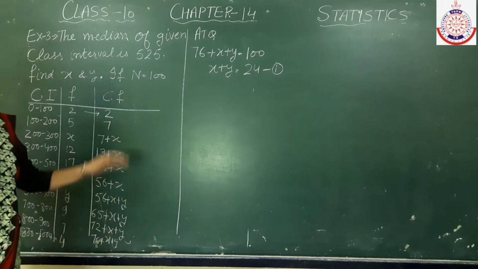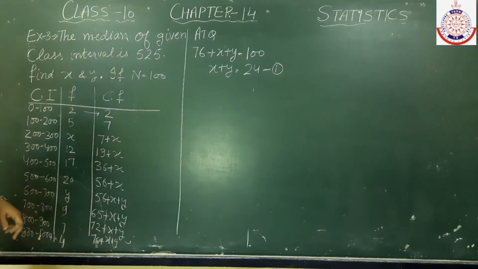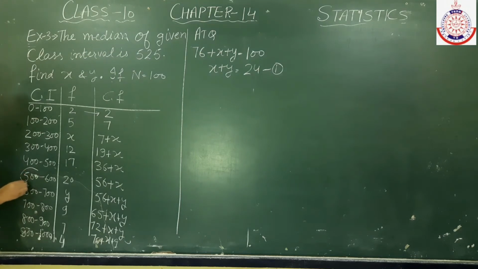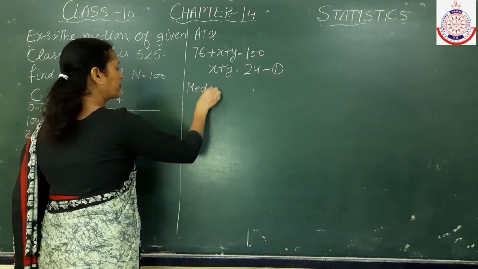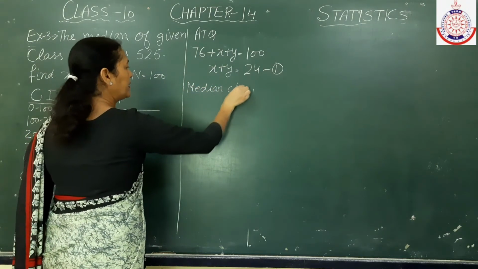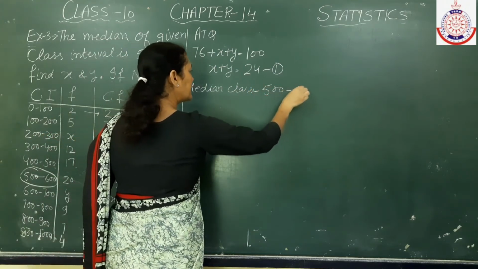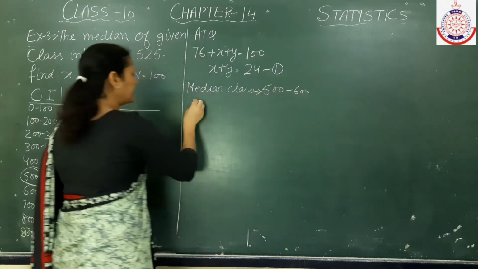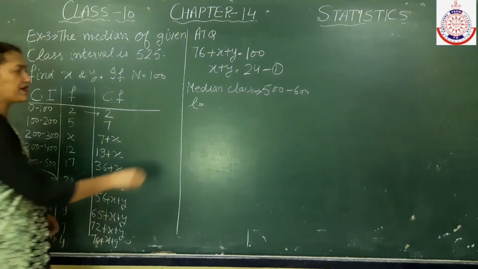The second thing they have given median. Median is 525. So 525 lies between 500 and 600. So median class will be, median class is 500 to 600. That means L is, lower limit is 500.